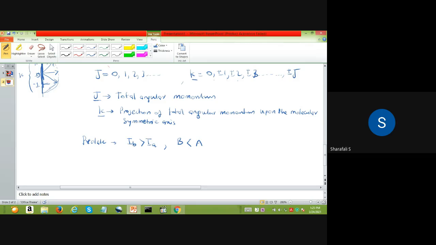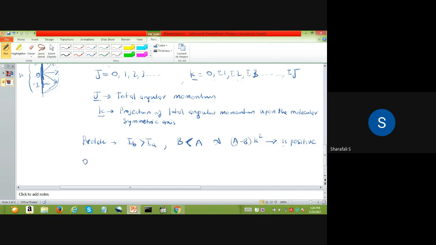If IB is larger than IA, my B value will be smaller than A. And from that, the term (A minus B) K square is positive because my A value is higher than B.